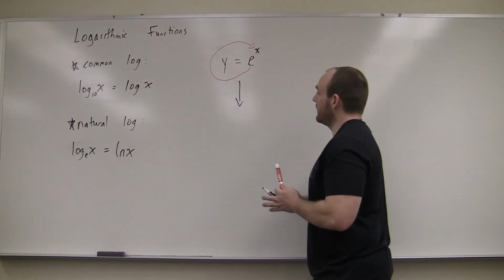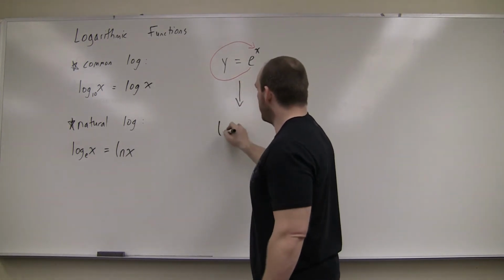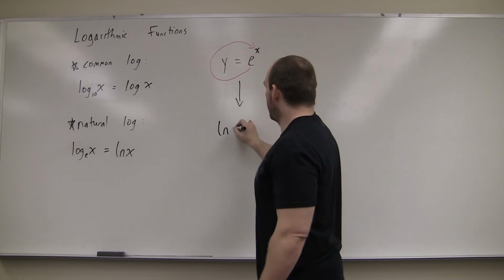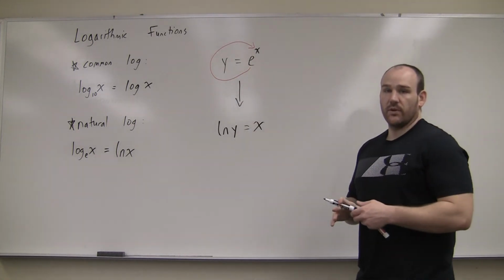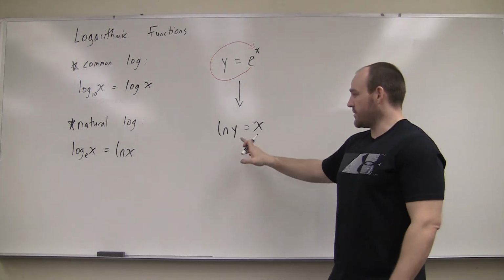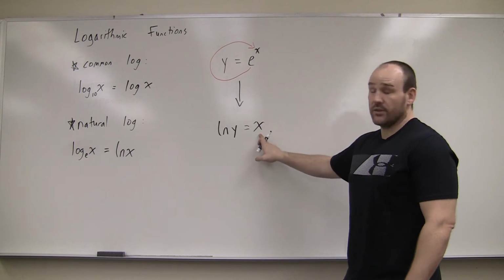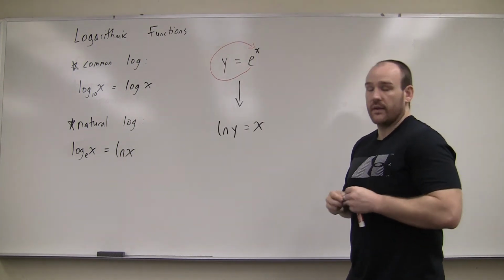So that conversion there would be log base e, which we don't write, we write ln. So ln of y equals x. So again, when we're talking about our conversions, the main thing is if you're going from exponential to logarithms, make sure that your bases are the same and make sure that you're solving for that exponent, because that's the whole point of what we're doing.